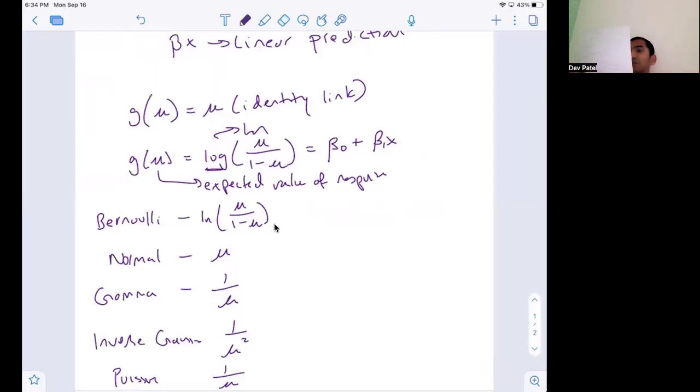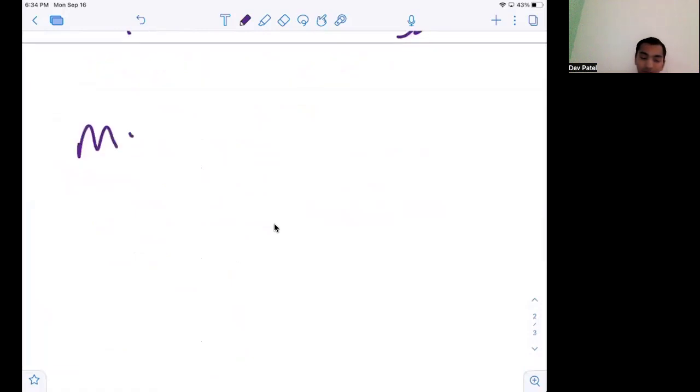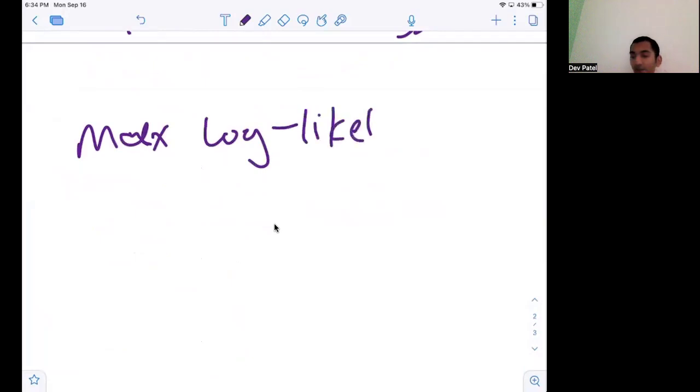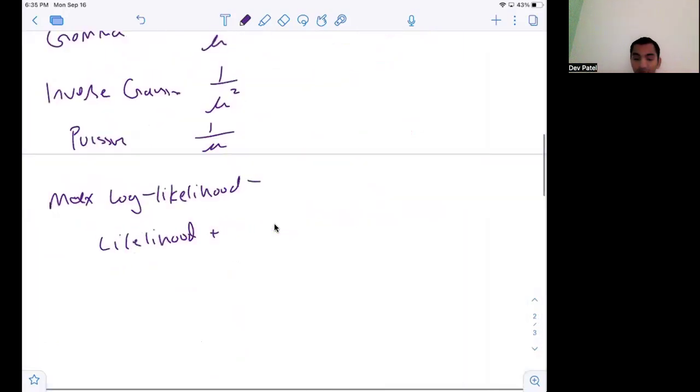Let's go through a couple of different things here. So we talked about common link functions, and now maximum log likelihood. I'm not going too much in depth with this, but I just want to relay the high-level overview. What max log likelihood refers to is the accuracy of the model: the likelihood that the model and its parameters match the data. So we want a higher max likelihood.